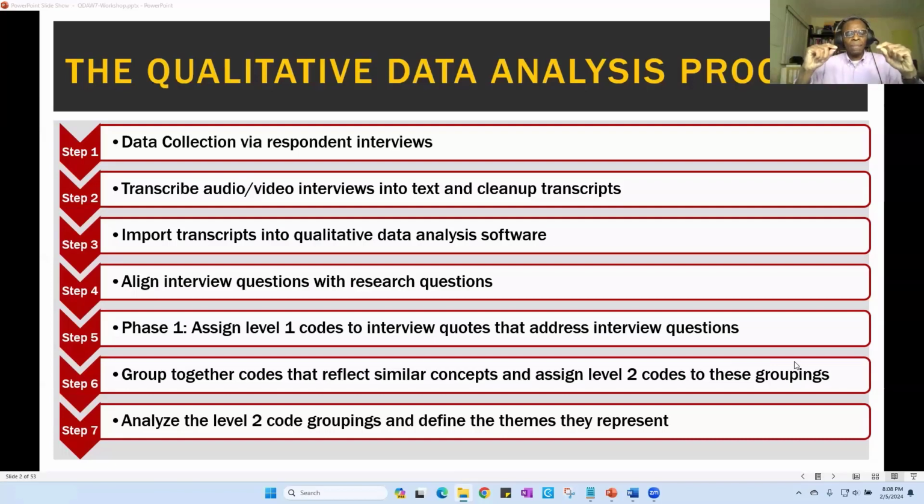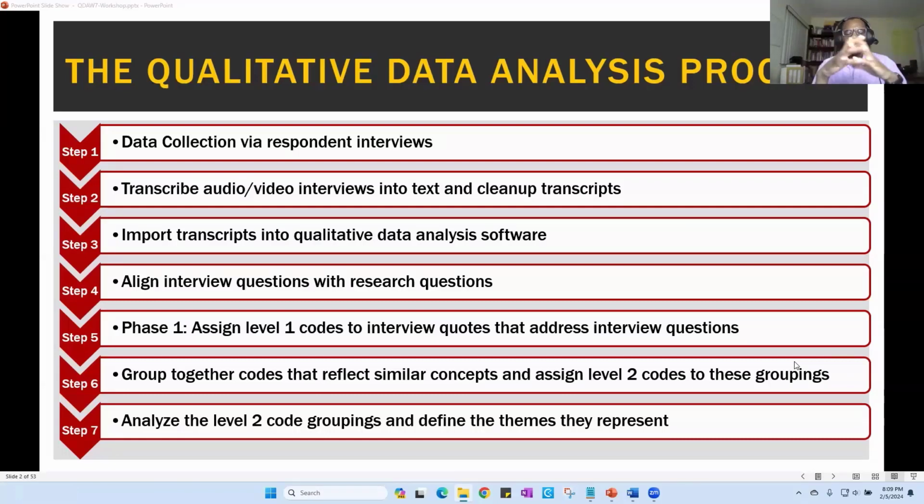Then we're going to code the transcripts with level 1 codes. And when I say level 1 codes, those are just codes that represent the gist of what the person is saying. We're going to do that for the 10. And then in the second phase, we're going to look at all the level 1 codes and see which ones are similar.